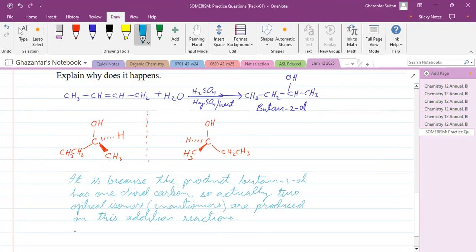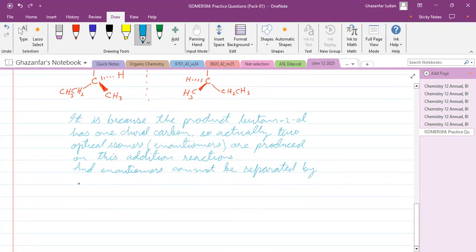And enantiomers cannot be separated by any ordinary physical method of separation.